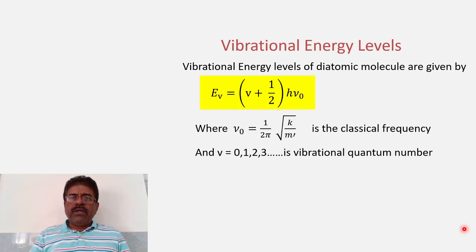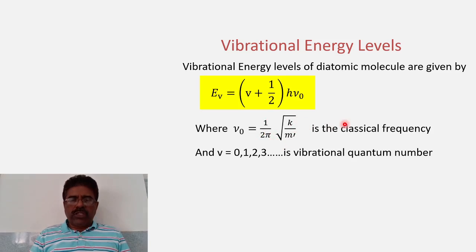So you can replace a two particle system with a single particle system, and this can be considered a simple harmonic oscillator. By solving this simple harmonic problem using Schrodinger's equation, we can obtain the equation of the vibrational energy levels of a diatomic molecule. Last time we saw this equation: the vibrational energy E_v is equal to (v plus half) h nu 0, where nu 0 is the classical frequency of oscillation, or the natural frequency of oscillation of this diatomic molecule, given by nu 0 equal to 1 over 2 pi times the square root of k upon m dash.